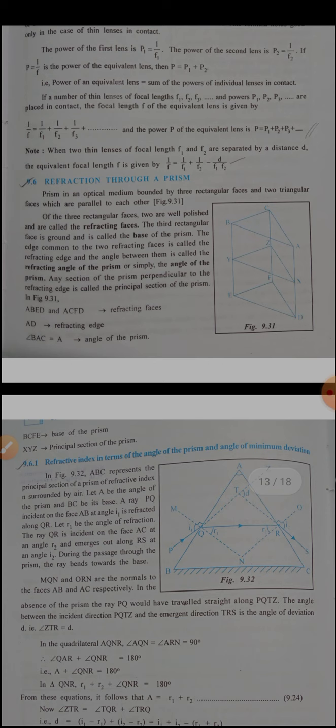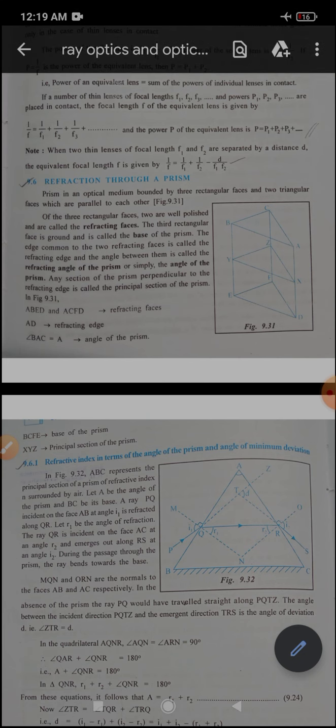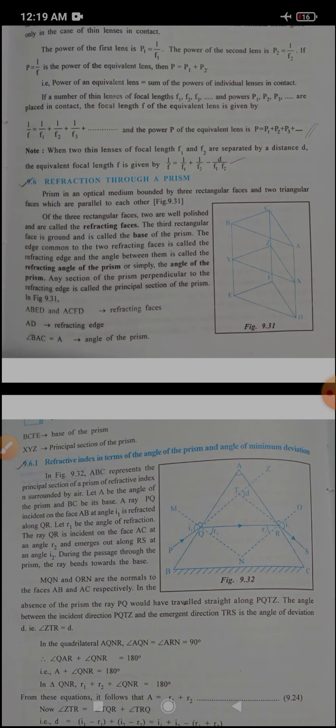Now we will see the refraction through a prism. A prism is an optical medium which has 3 rectangular faces and 2 triangular faces which are parallel to each other. This image is of a prism.